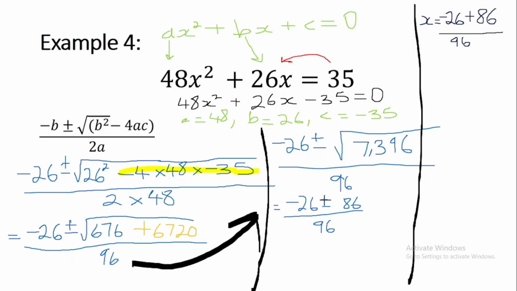Alright, so that's going to be negative 26 plus 86, that's going to be equal to 60.